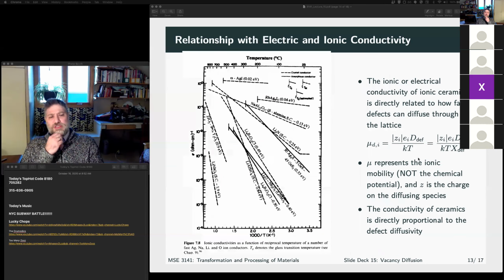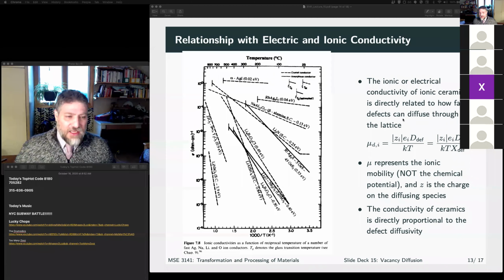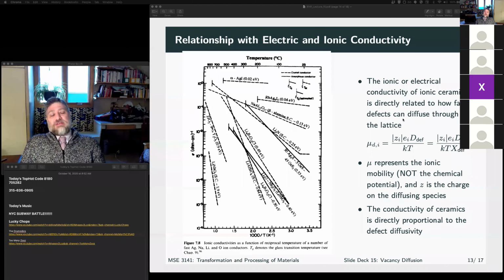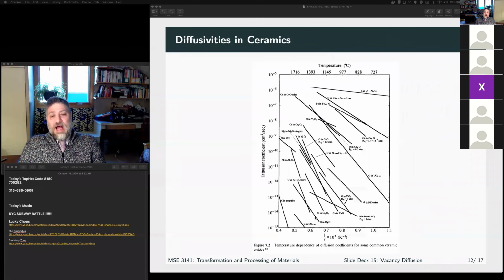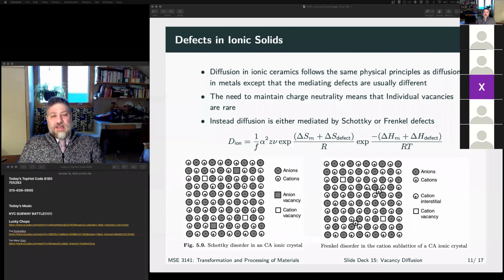This shouldn't be too surprising, but what it tells us is that there's a strong relationship between the diffusivity in ceramics and the rate of ionic or electronic conduction, right? Most of the time we think of ceramics as insulators, right? Because if we have a structure like this, how are we going to move electronic charge, right?